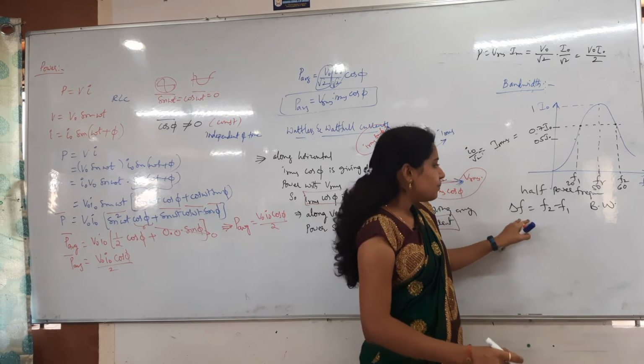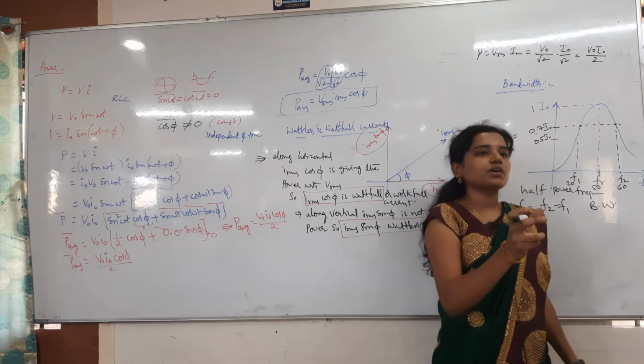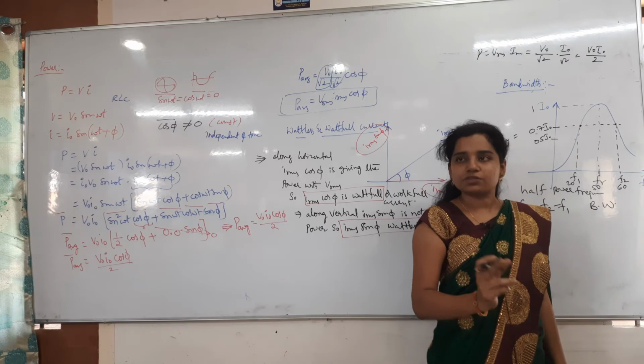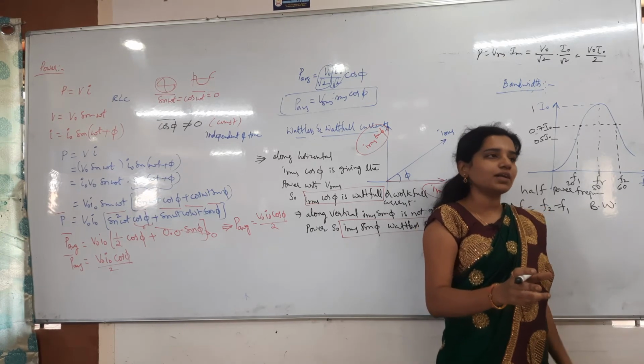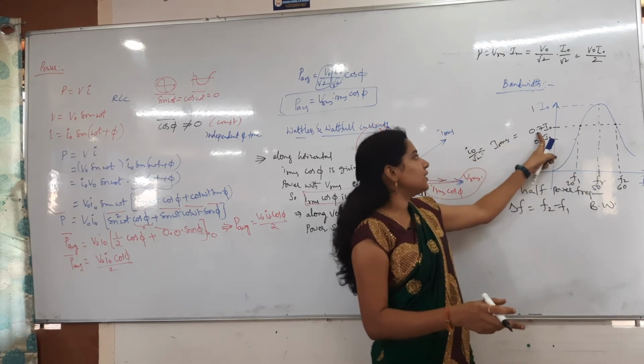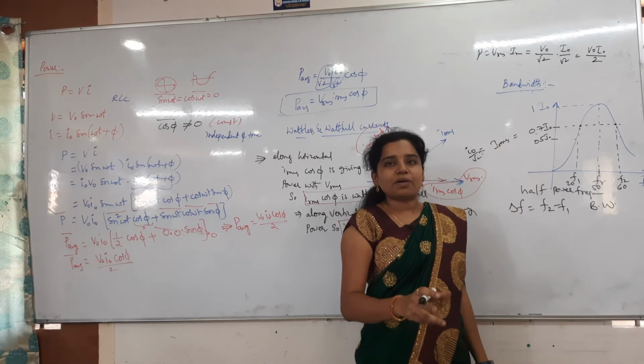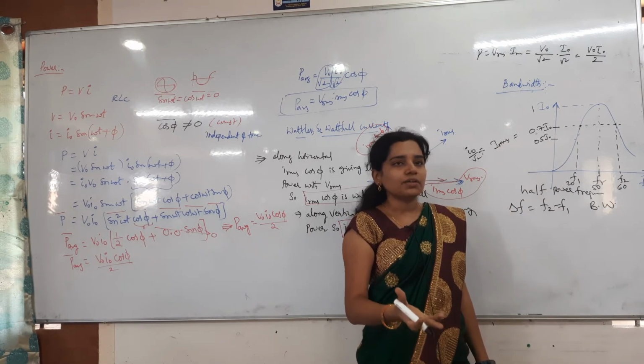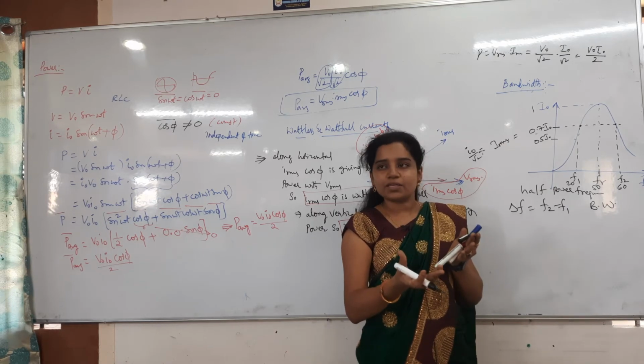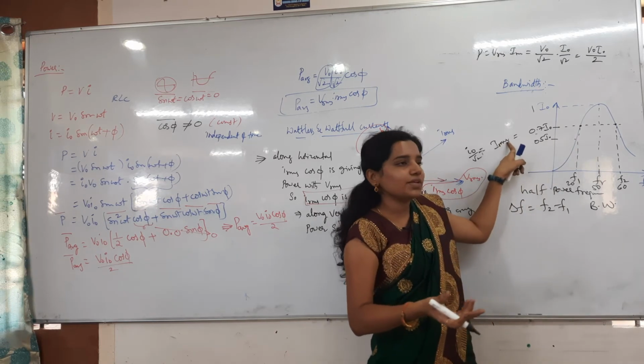Now here the bandwidth is mainly the difference of the half power frequencies. Why are we getting that as half power? Whenever I calculate the current here, how much current am I having? IRMS. Whenever I calculate the power, power is equal to voltage into current. The voltage is VRMS. Current, how much are we getting here? Obviously IRMS.